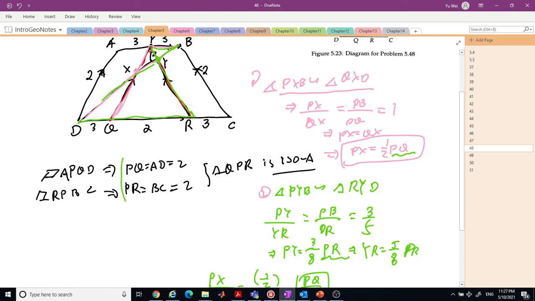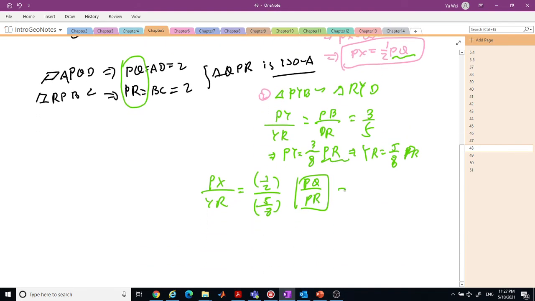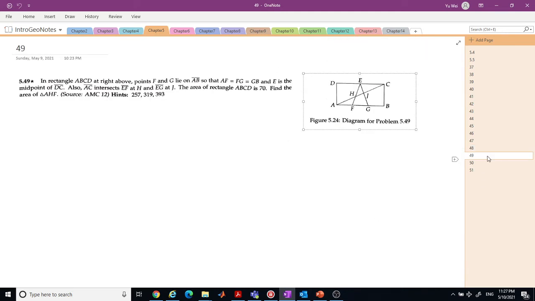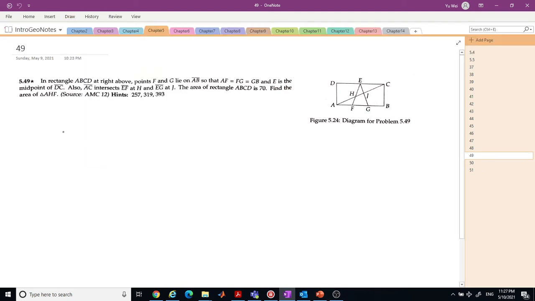So that's why this one is 4/5. Next, all these are very similar. It's all the cutting, okay? You need to use the similar triangles. That's it.